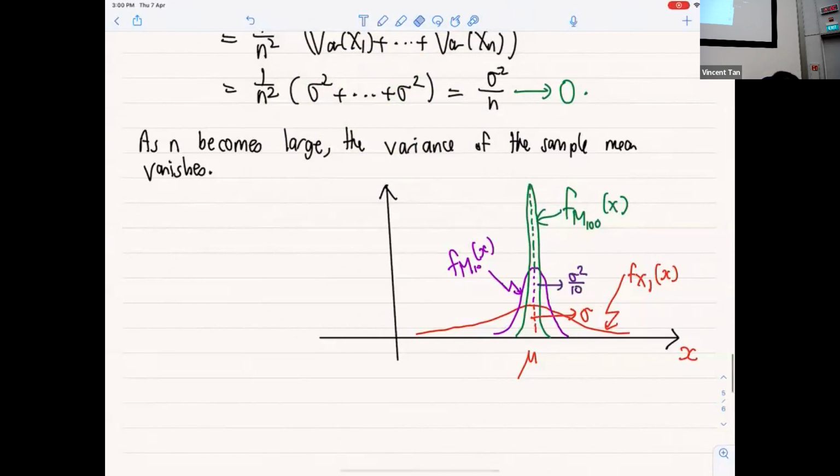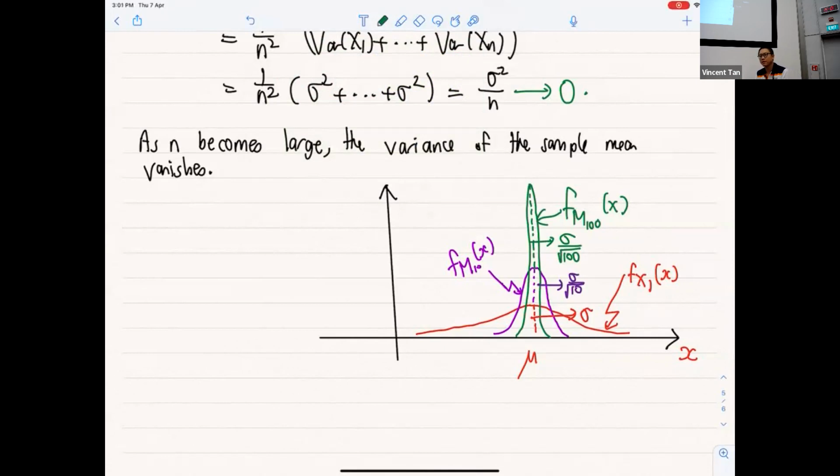Actually, what we are drawing here is in fact the standard deviation, so we need to divide by, say, square root 10 here. After we average 100 times, this is sigma over square root 100, which is sigma over 10. It becomes very small. We concentrate to 0. So this is pictorially the weak law of large numbers.